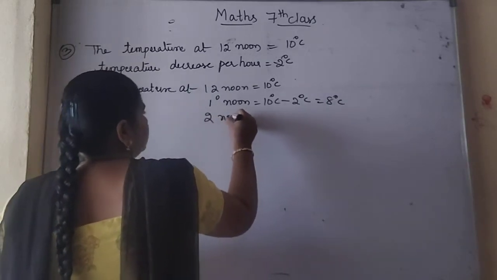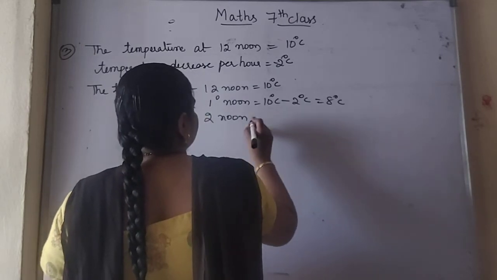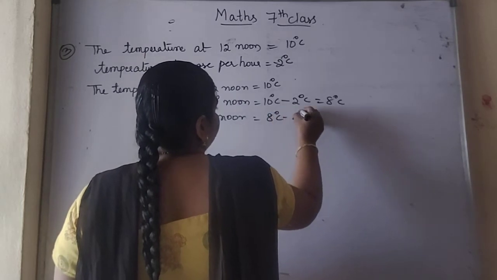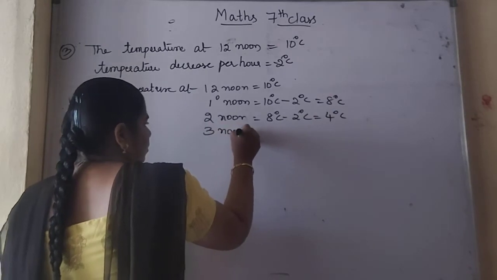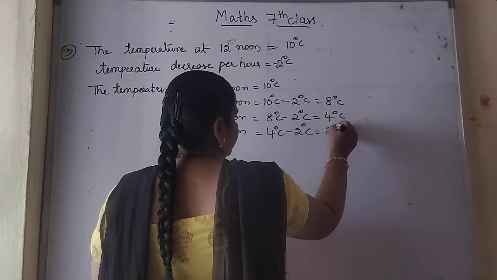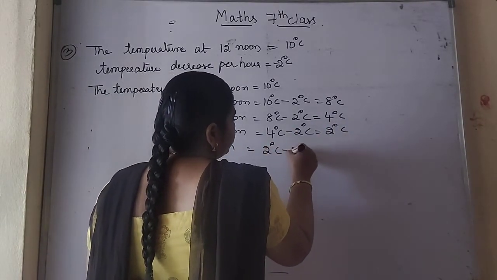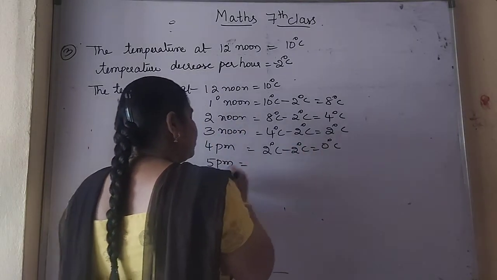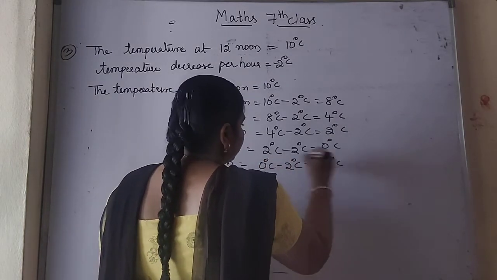At 2 p.m., 8 degrees minus 2 degrees equals 6 degrees. At 3 p.m., 6 minus 2 equals 4 degrees. At 4 p.m., 4 minus 2 equals 2 degrees. At 5 p.m., 2 minus 2 equals 0 degrees.